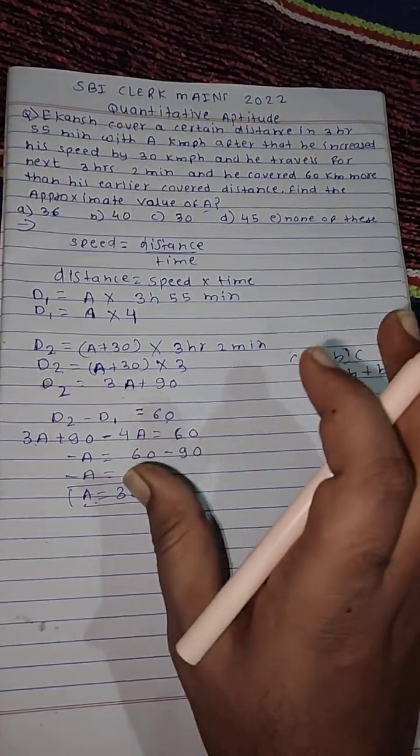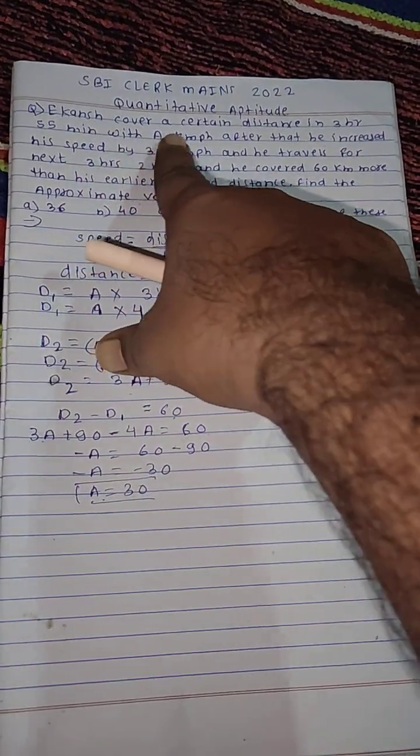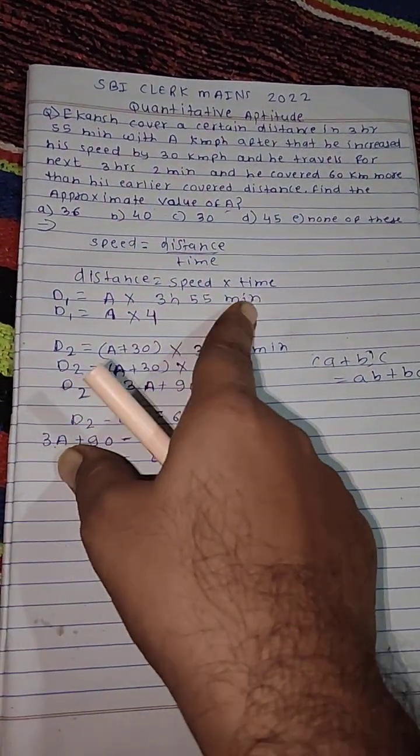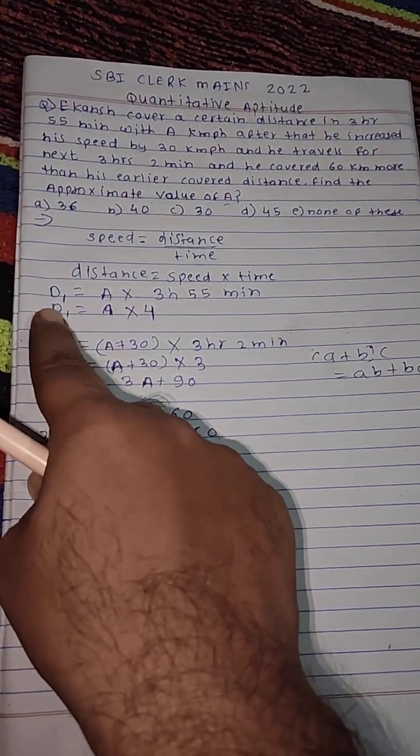So this is the way. Initially they gave that Akansh covered a distance in 3 hours 55 minutes with speed A, and by using that we found D1.